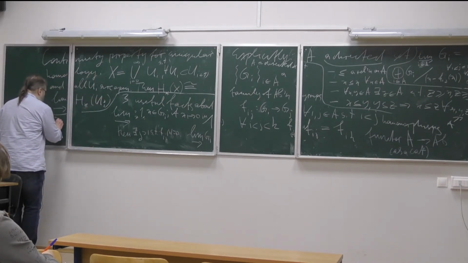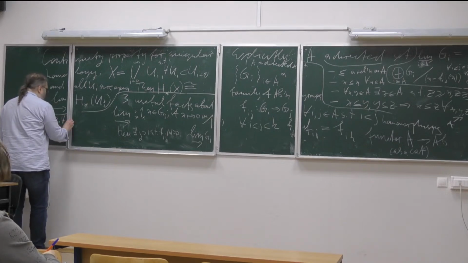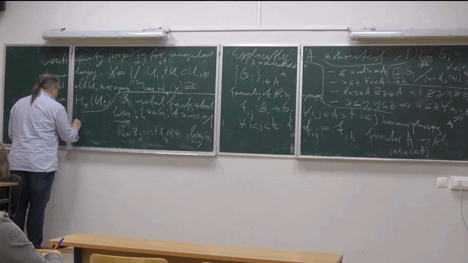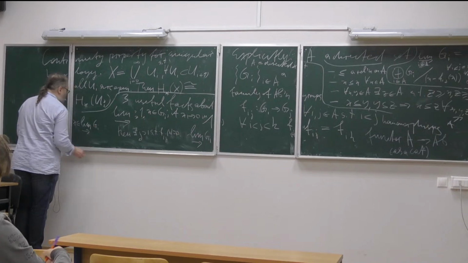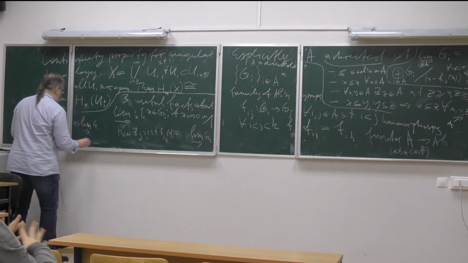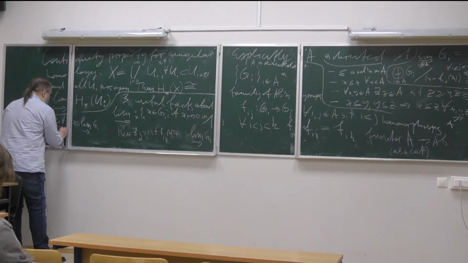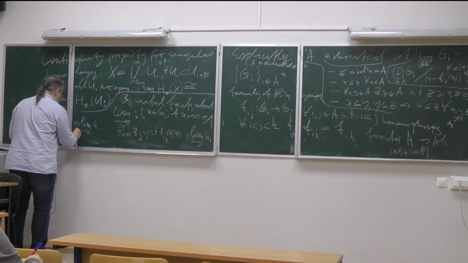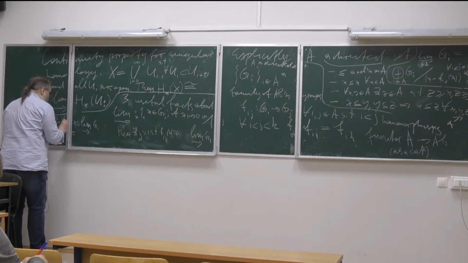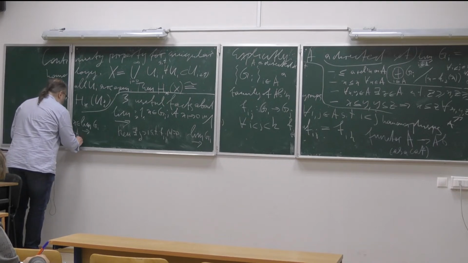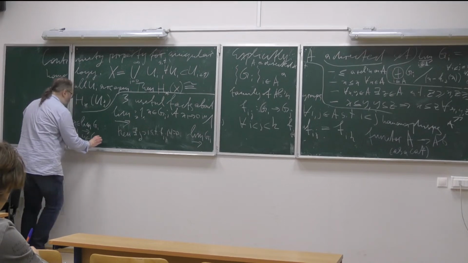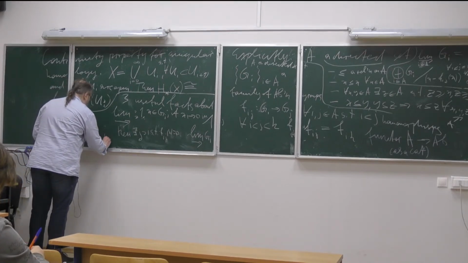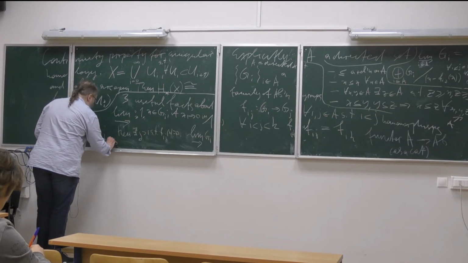Fact number two: for every x inside the direct limit, there exists an i inside A and a y inside G_i such that y goes to x.